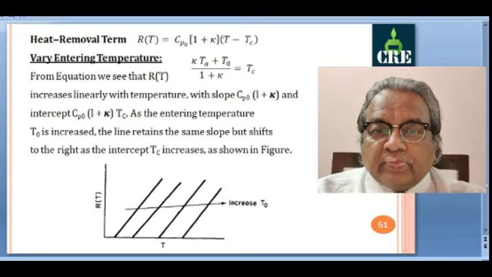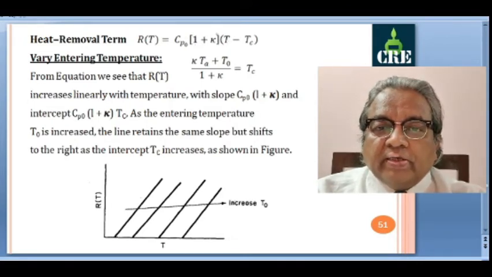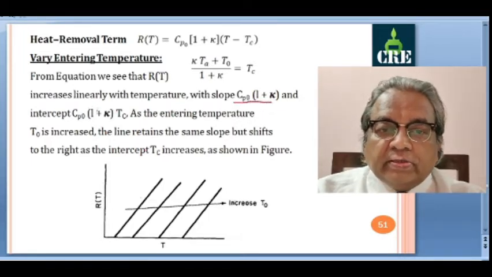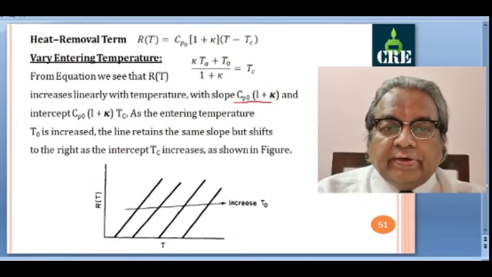If you plot it as a function of temperature T, it is of the form y equals mx plus c, where Cp0 into 1 plus kappa represents the slope, and Cp0 into 1 plus kappa into Tc represents the intercept.